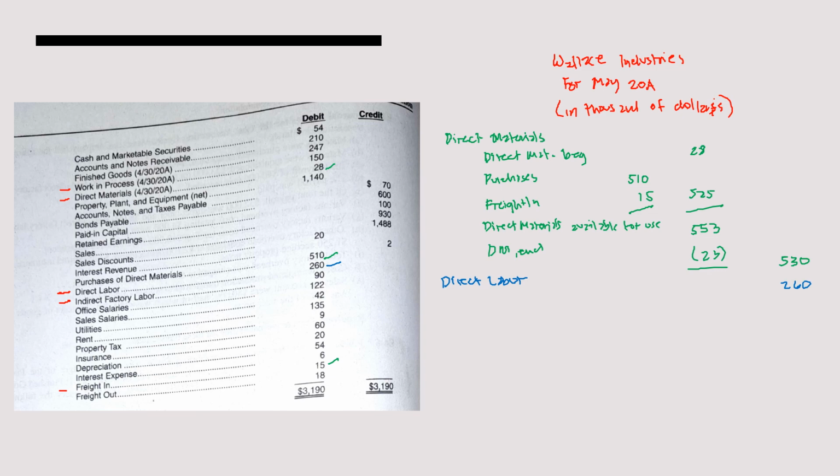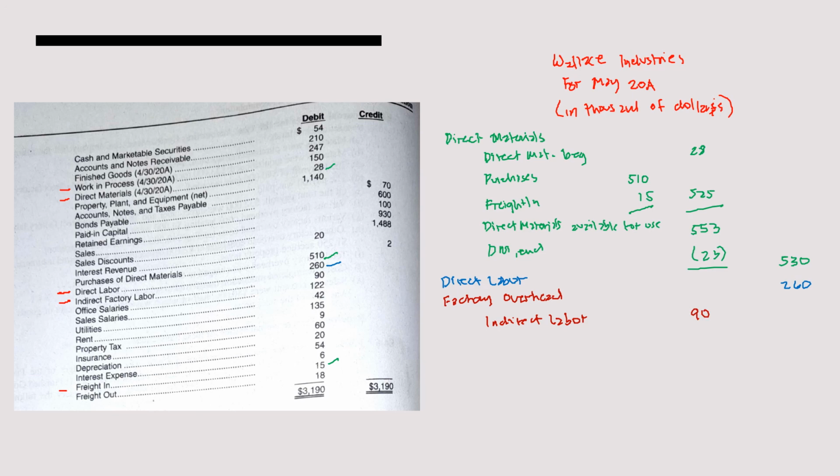So factory overhead, let's base that one on the additional information. So first, we'll first record the indirect labor. So indirect labor is equivalent to 90. Okay.